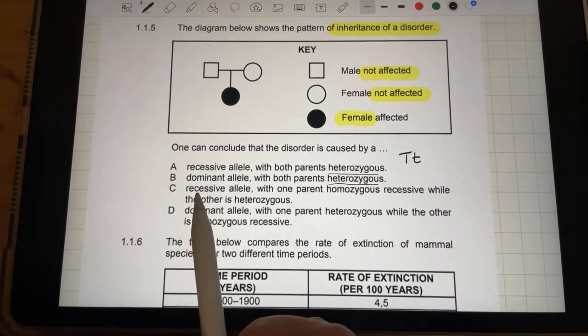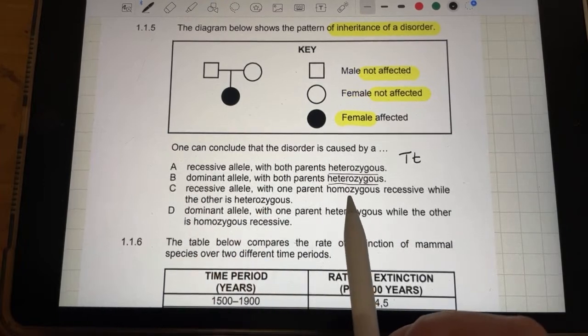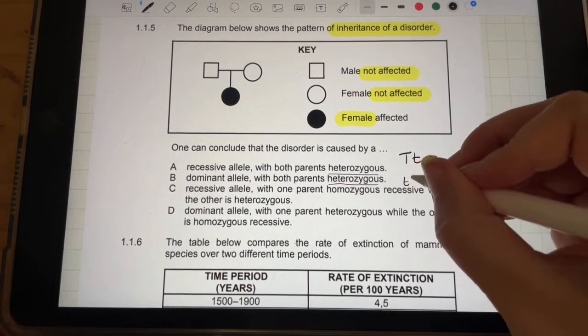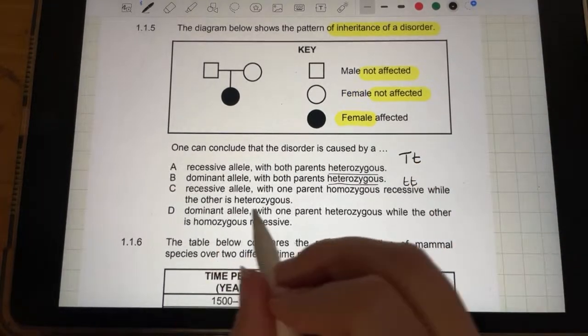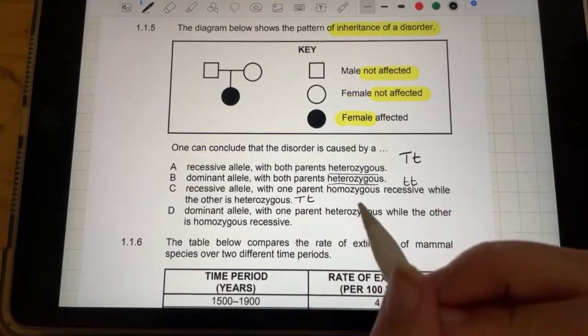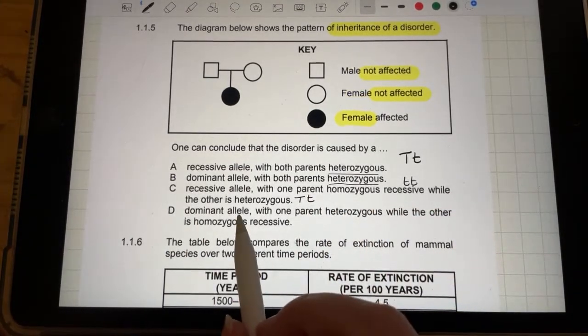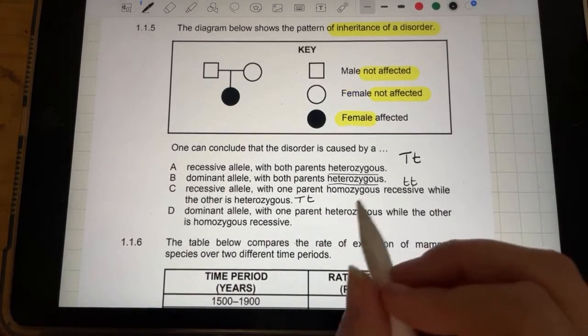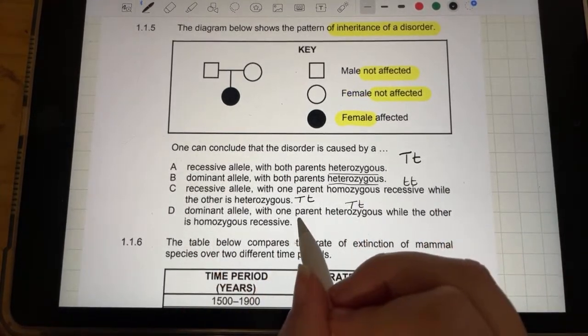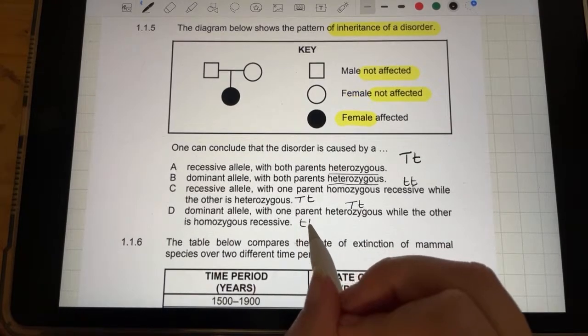The next option is a recessive allele where one parent is homozygous recessive, which means that they would be 2 little letters, while the other is big letter T, small letter t. Next one, dominant allele. One parent is heterozygous, so big letter, small letter, while the other is homozygous recessive.